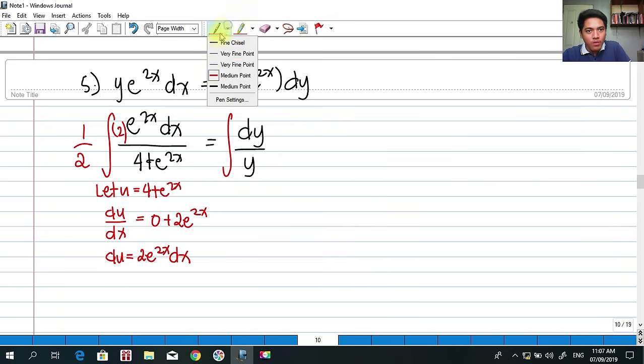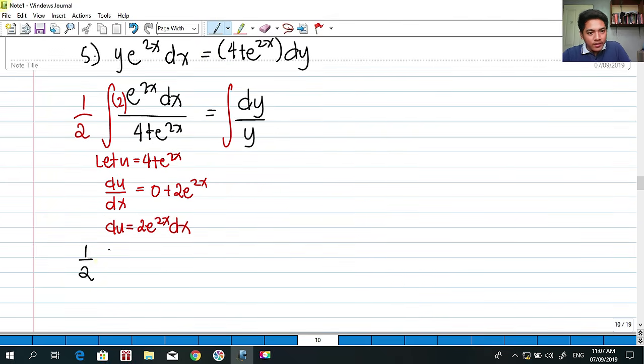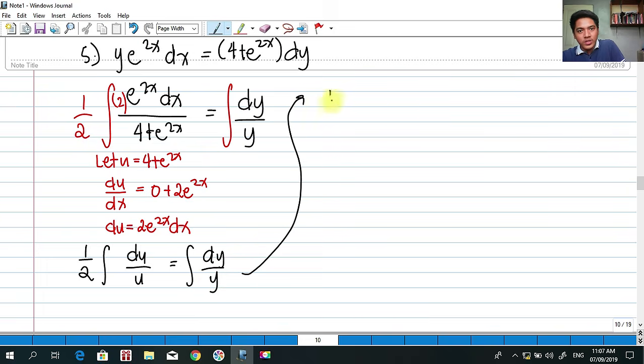And hence, we can now perform the u substitution. So we have 1/2 integral of 2e raised to 2x, 2 times e 2x dx is simply equal to du over 4 plus e 2x, that is simply du over u. Integral of dy over y? So this is pretty much easy. So this is 1/2 ln of u is equals to the integral of dy over y, which is ln of y plus c.